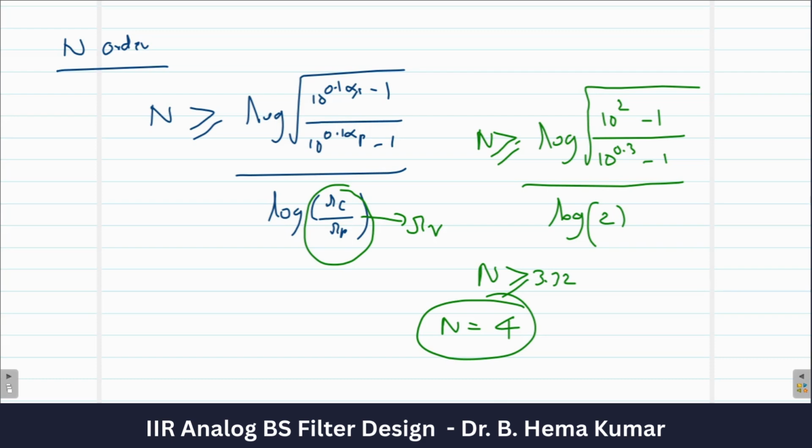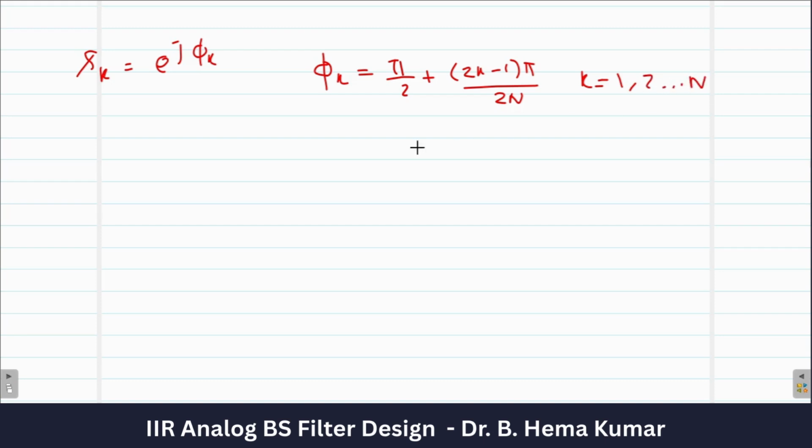Once you have found n equal to 4, you need to find the poles of the transfer function. How will you find the poles? Sk equals e power j phi k, and you can calculate phi k using pi by 2 plus (2k minus 1) into pi by 2n. For our case, k runs from 1 up to n, and n equals 4, so you have to find 4 poles: phi 1, phi 2, phi 3, phi 4.